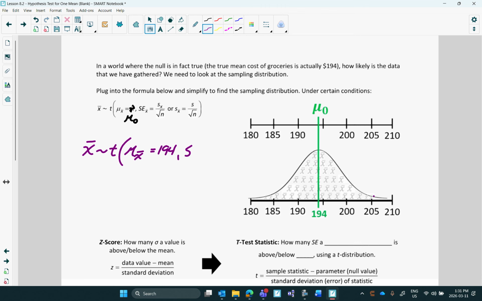And the standard error of that sampling distribution would be the standard deviation of the sample that we got, which was 25.98, divided by the square root of the sample size, and it was 31 grocery stores, so square root of 31.